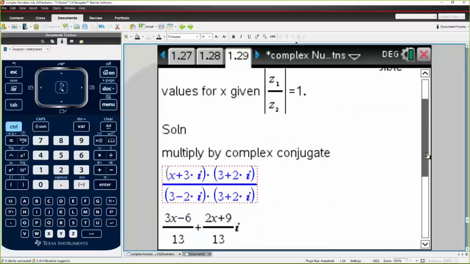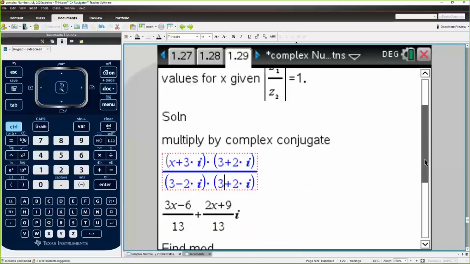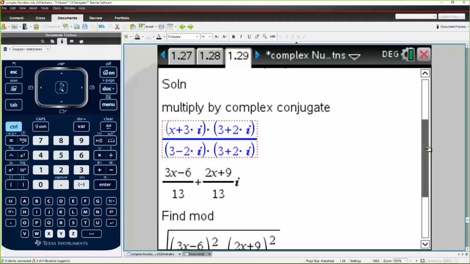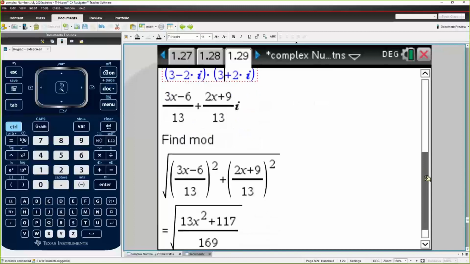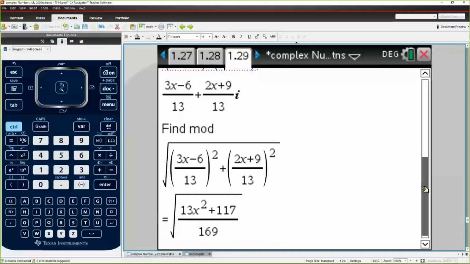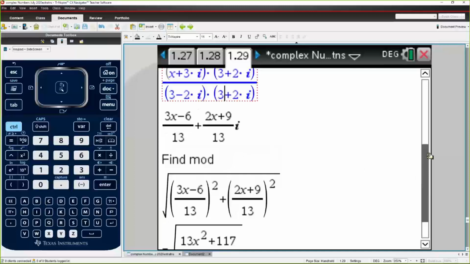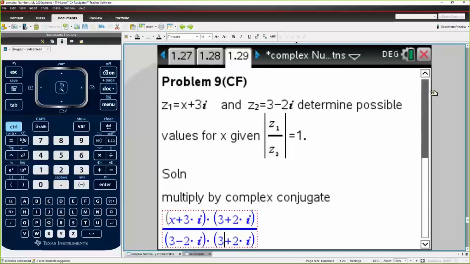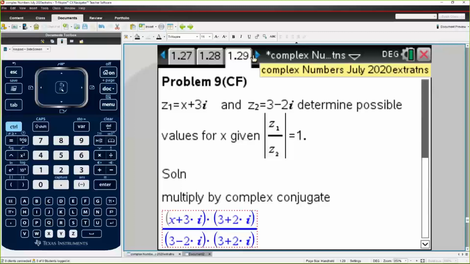that expression there. Okay, now we want to find the modulus of that, and so we can again use what's given in the formula sheet to work that out, and we come up with that expression. And it's at this point that you could perhaps start to make use of your calculator. We'll look at that in a moment.